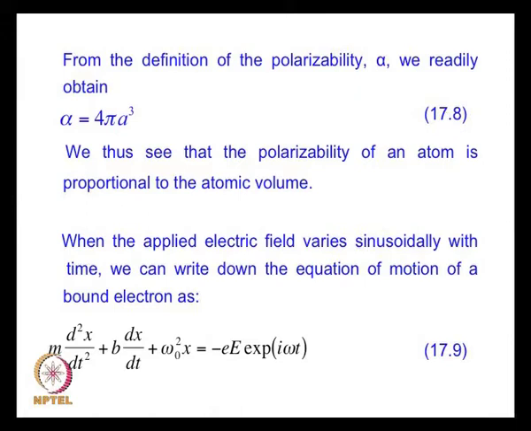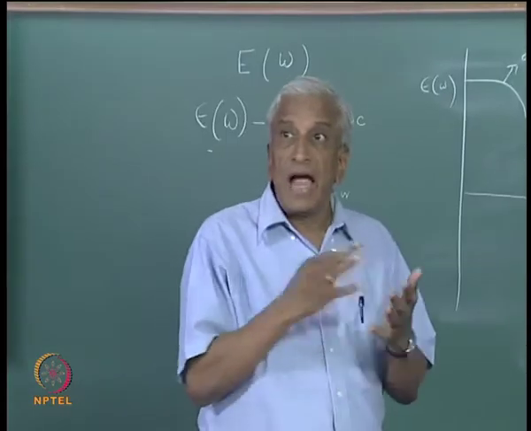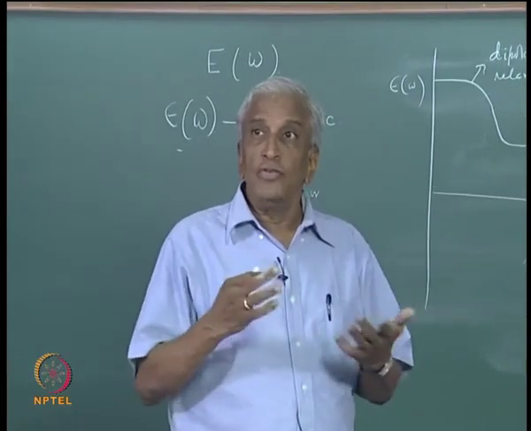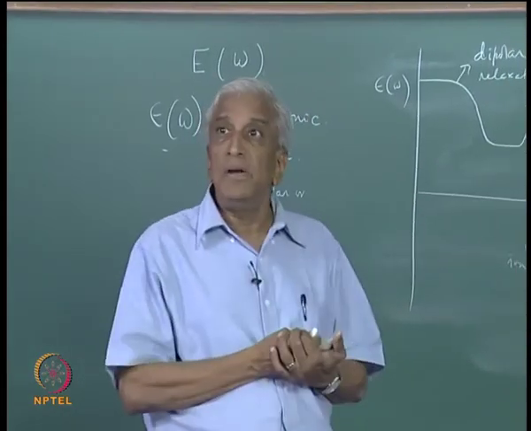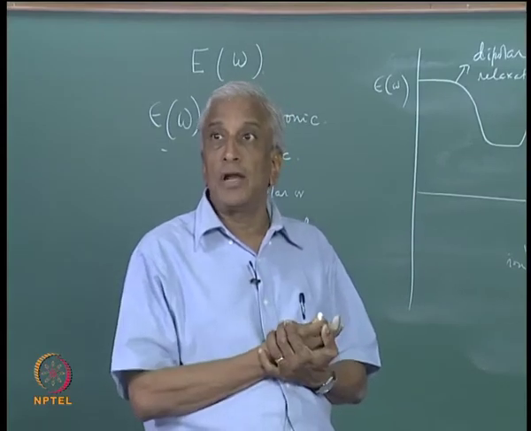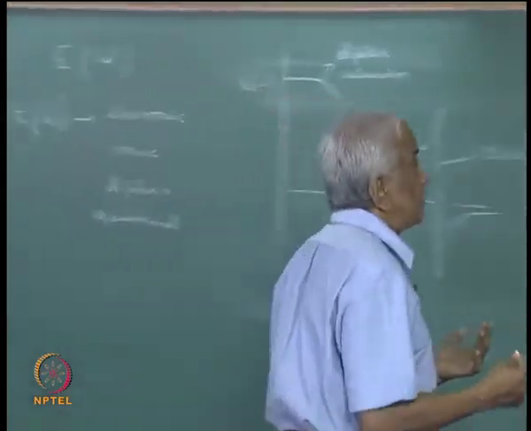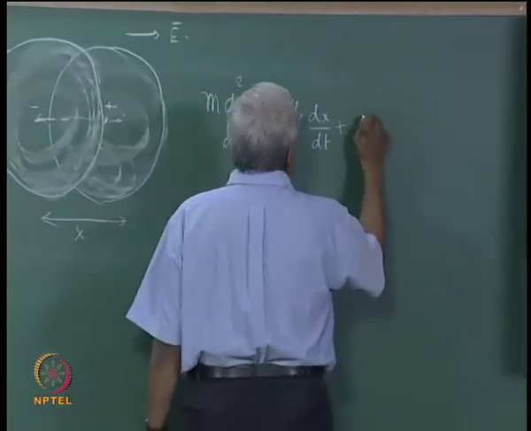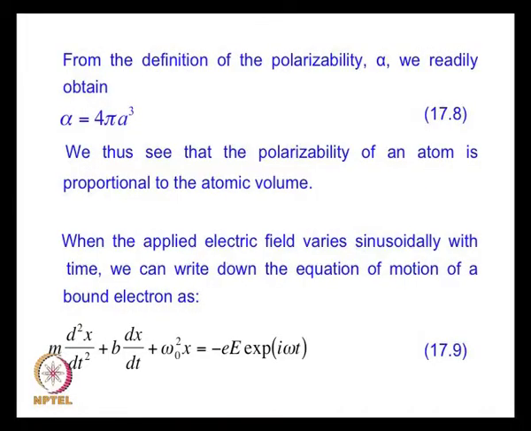Then the bound electron is bound elastically to the atom with a kind of force which can be represented, in the simplest model, by a harmonic oscillator of natural frequency omega naught. So, I can write omega naught square x equal to minus e to the power i omega t.